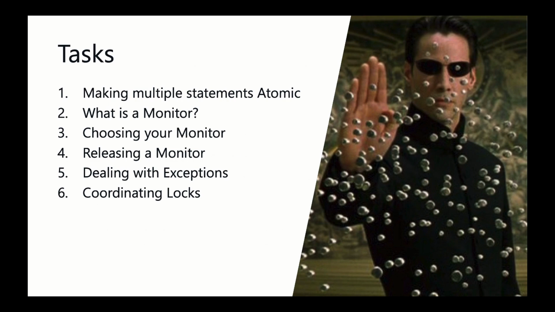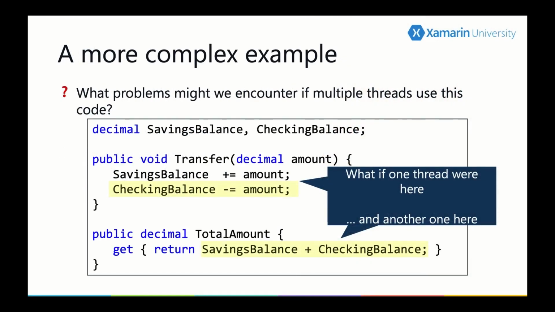Let's have a look at a more complex example first. Here we've got the very common example of bank transfers. That involves two accounts. We want to remove something from one account and add it to another. And of course, all of this has to be in sync. So if we look at what is going on here, we've got a transfer method.